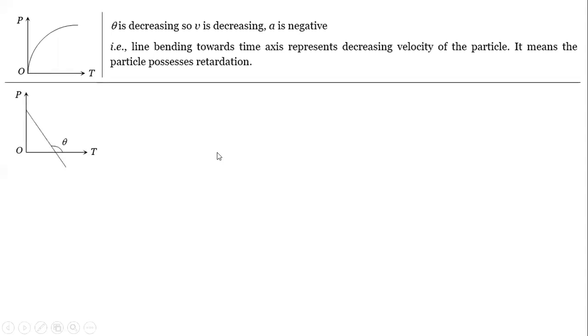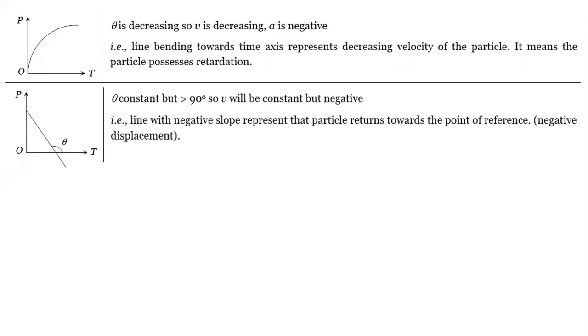Okay, the next. Yes, Ishanavya. Both mean the same. For this one, see the angle is more than 90. If the angle is more than 90, tan becomes negative. If it is negative, the velocity is negative. So velocity is constant, but the value will be negative. So a line with negative slope represents the particle returns towards the point of reference, which is nothing but negative displacement.